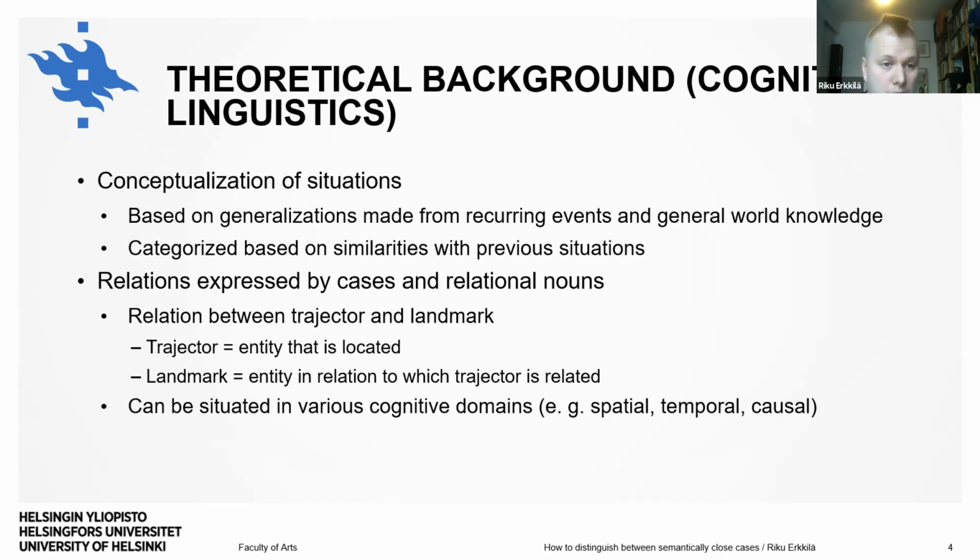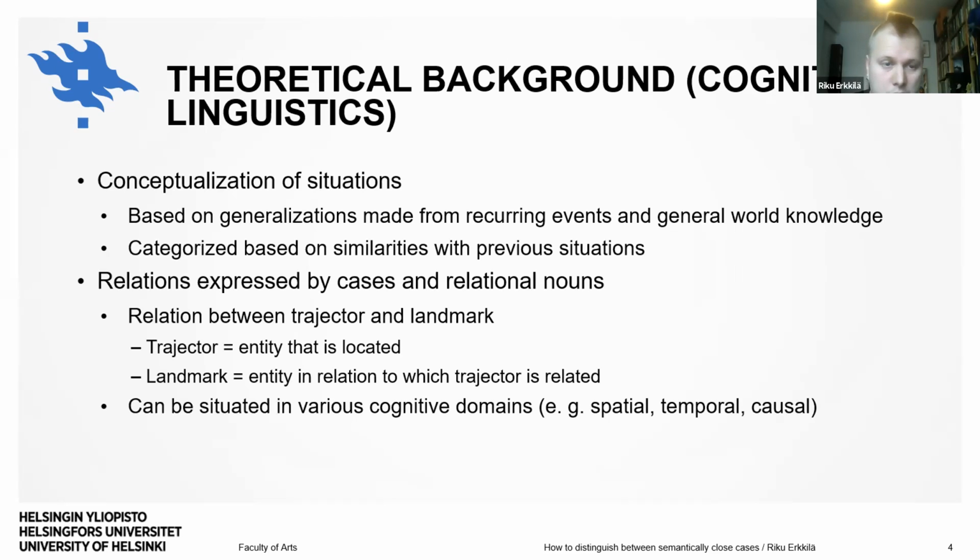And then the spatial relations that are expressed by cases and relational nouns can be considered basically the same, because they both express a spatial or some other relation between a trajectory and a landmark.